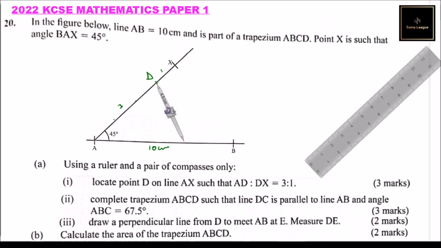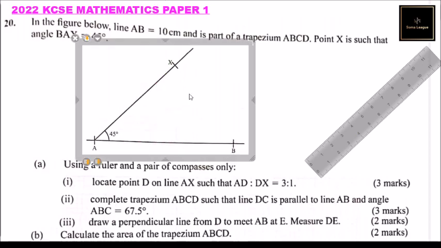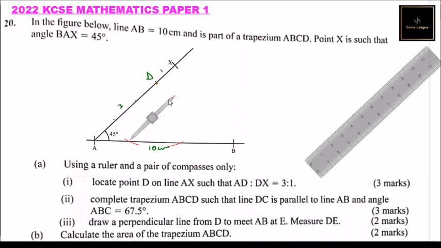So we have our point there, and we have another point there. With those 2 points, we can draw a perpendicular line here.